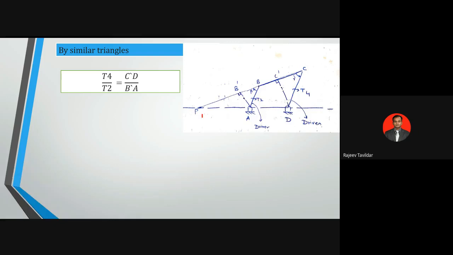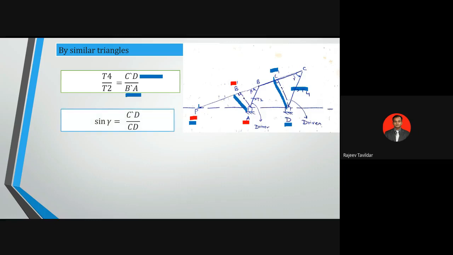I think it is P, B dash, and A. This is one triangle. I'll show the second triangle, that will be P, C dash, and D. I'm sorry for this confusion. These are the two triangles. So as per that, T4 upon T2: for this bigger triangle, for T4, I'm taking the associated length C dash D, as shown over here. And for the torque T2, we are taking the associated link, that is B dash A, as shown over here.